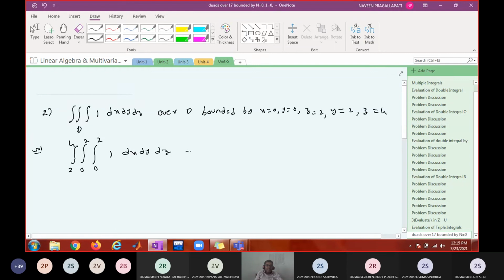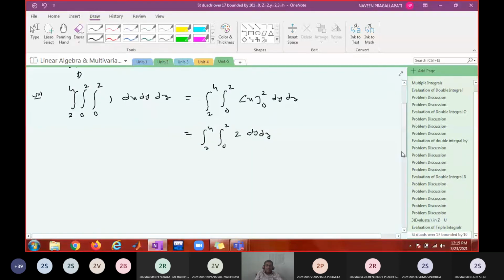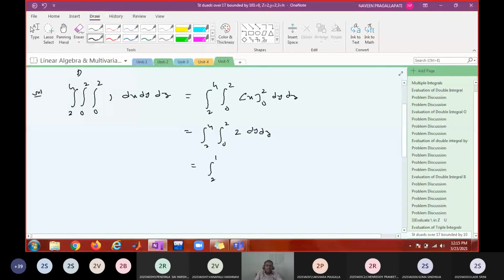What is the integration of 1 with respect to x? Let us integrate x from 0 to 2, dy dz. This will come as the integral from 2 to 4, 0 to 2, of 2 dy dz, and you can see this is 2y with the limits from 0 to 2, dz.